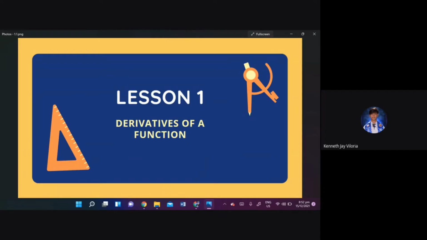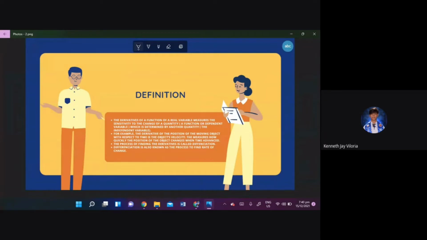For today's video, I am going to discuss the derivatives of a function. By definition, the derivative of a function of a real variable measures the sensitivity to change of a quantity, which is a function or dependent variable, determined by another quantity, the independent variable.